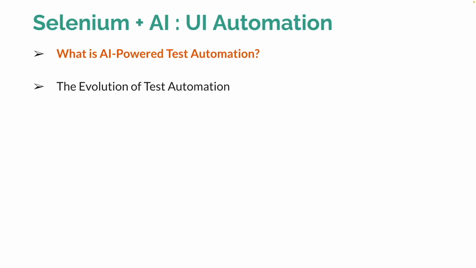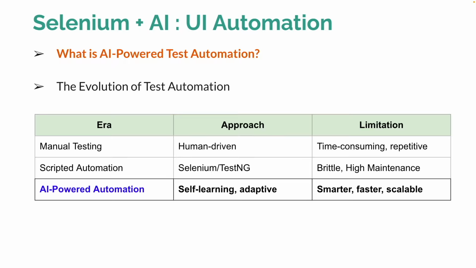Now, let's learn about the evolution of test automation. Previously, before Selenium and before QTP, testing meant manual validation. If I divide the evolution of testing into three phases, these are the three phases: manual testing, scripted automation, and now AI-powered automation. Earlier, maybe in the early 2000s or 2010, testing was human-driven manual qualification.